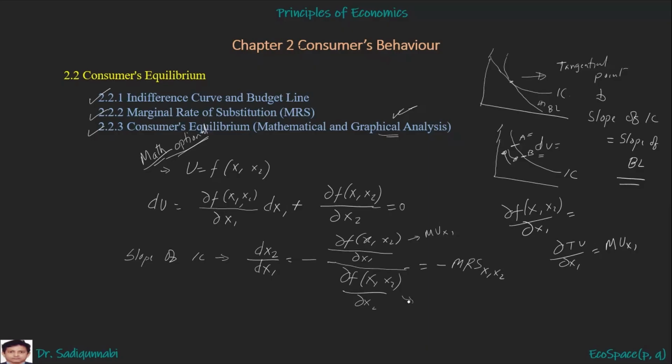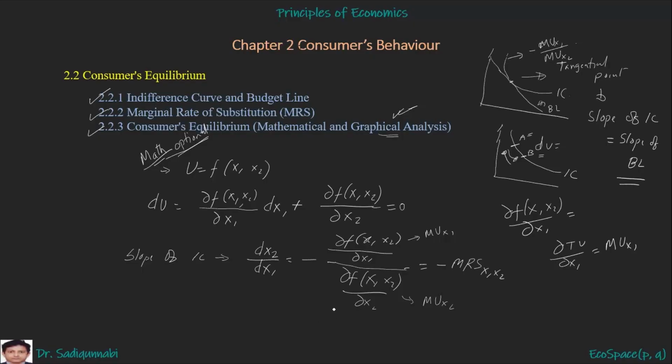And what is that? MU x2. So finally, we have seen that our slope of IC is minus, because it is downward sloping, minus MU x1 divided by MU x2. Okay, so this is the slope of IC.